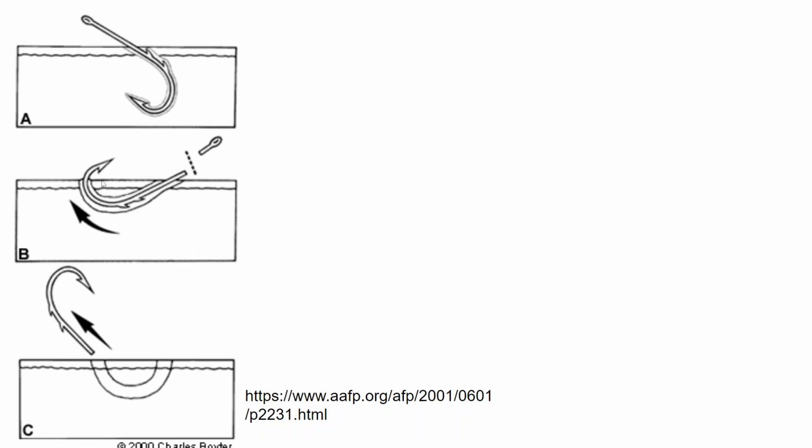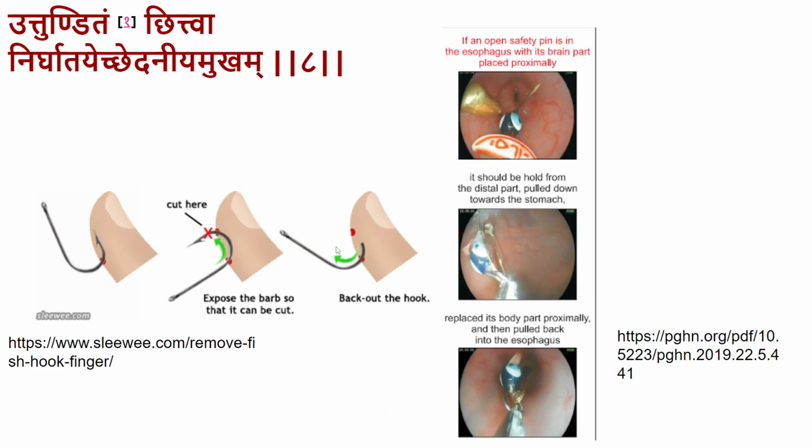Suppose it has gone much deeper and you can see the other end also, then it is better to cut it off at this end and pull out in the same direction. So this is an example of antegrade removal, in the same direction as entry. The choice is based upon your experience, the shape of the foreign body, and the possibility of a complication later.